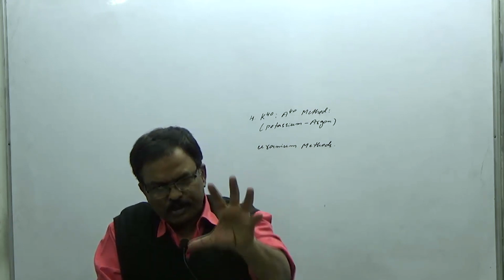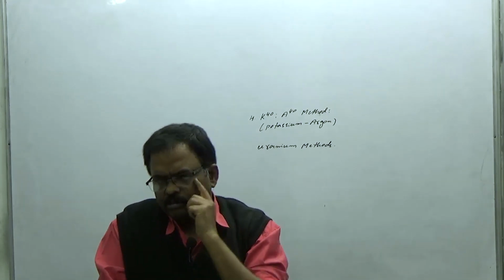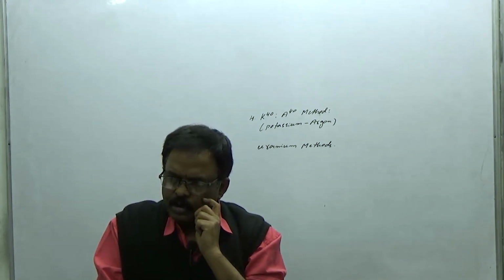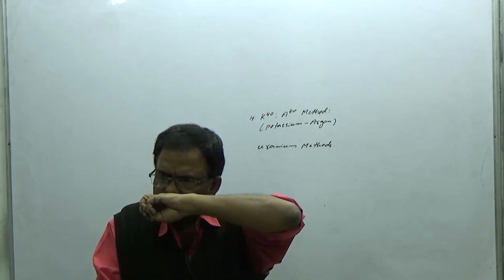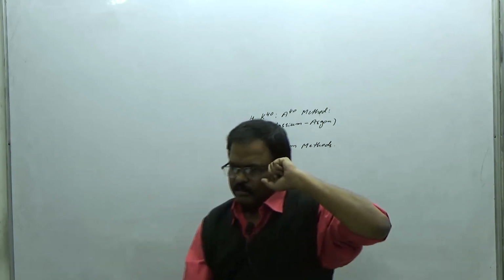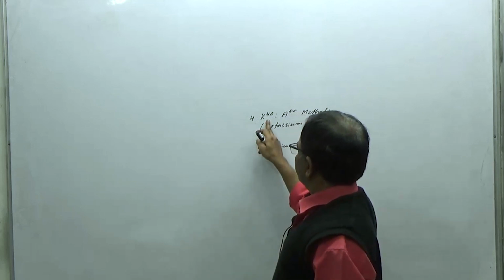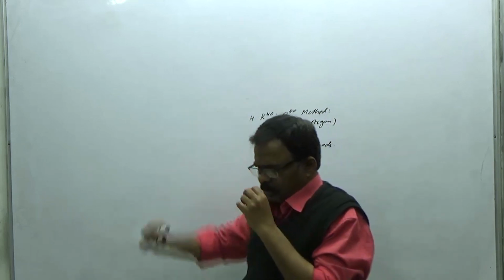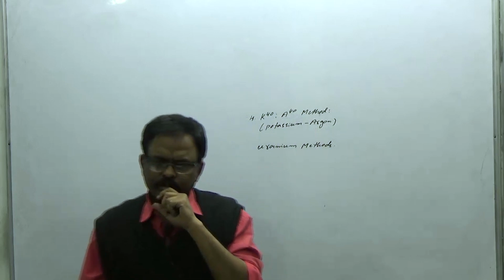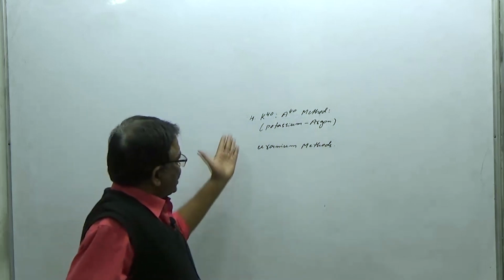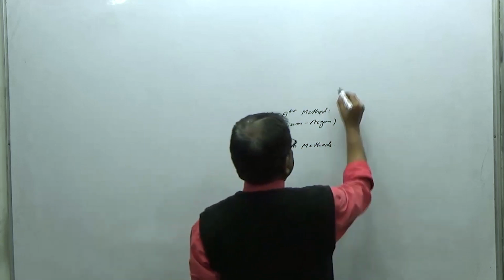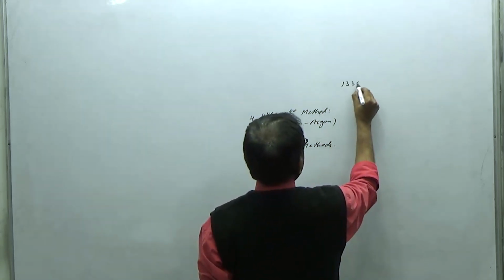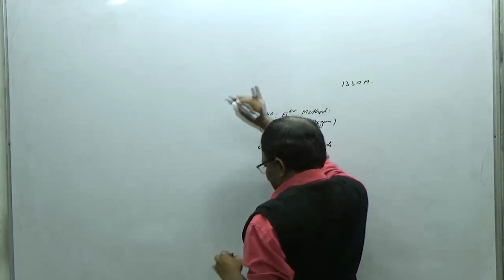In the process of solidification, when it is going to solidify, converts into rock, in that process, the potassium converts into argon. Almost 50% of potassium converts into argon in 1330 million years.